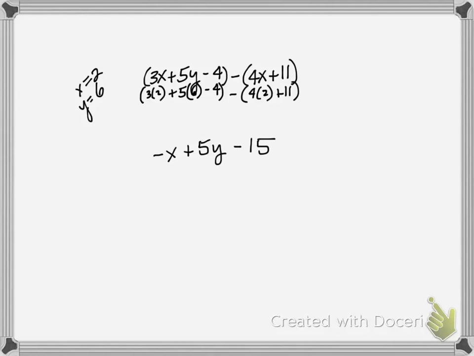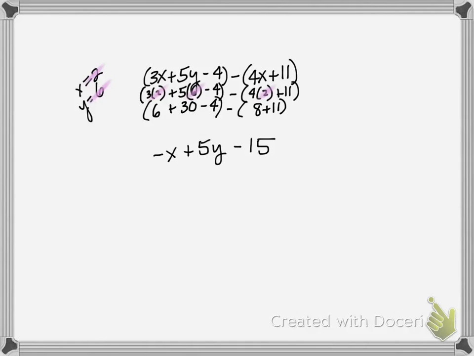But let's just go ahead and solve this here. So we have 3 times 2 is 6. And again, that 2 is coming from here, okay, because we're just plugging in 2 wherever we had x, okay? So that's 6 plus 30, because 5 times 6 is 30. And again, that 6 came from here, okay? Minus 4. Okay, then minus, and then 8. 4 times 2 is 8. Plus 11.